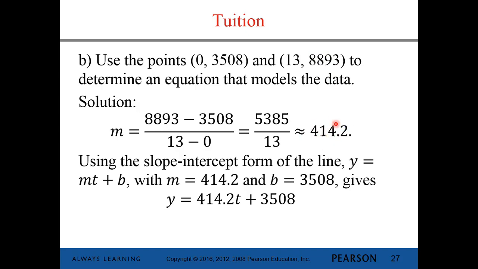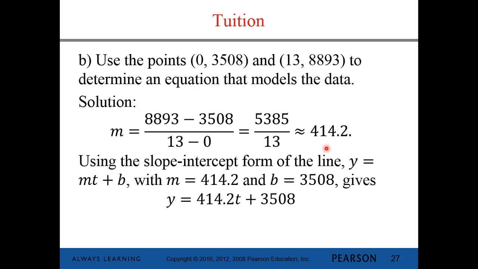So now what does this 414.2 mean? What's the units of y? The units of y is average annual tuition, and this is the number of years. So this is tuition dollars over year.